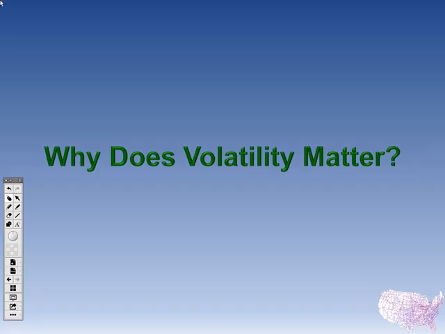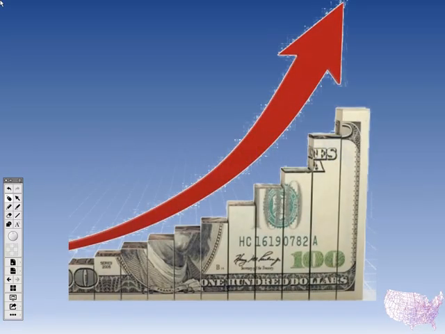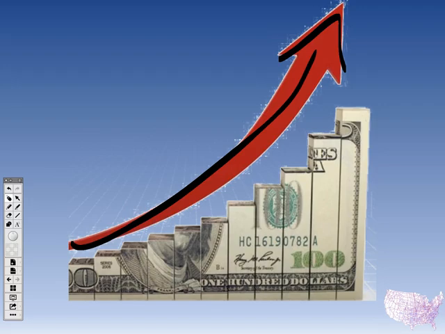Why does volatility matter? I think I mentioned this a little bit. As volatility, Pedro, I see your question. As volatility increases, those premiums increase. That's why with implied volatility, we want to buy when the IV percent is down here, because we know implied volatility is low.